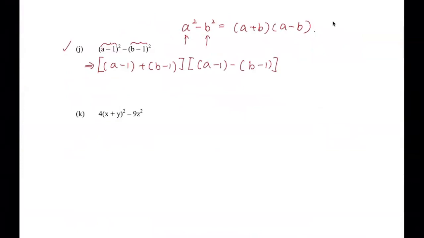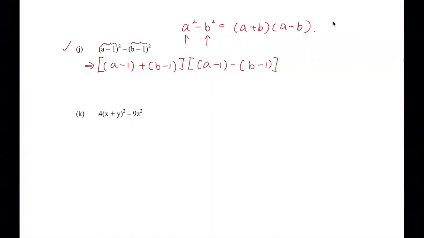But like I said, in this formula, a and b can be one term, two terms, polynomials, fractions, anything. But the method is the same. How we solve this kind of question is always the same, okay?